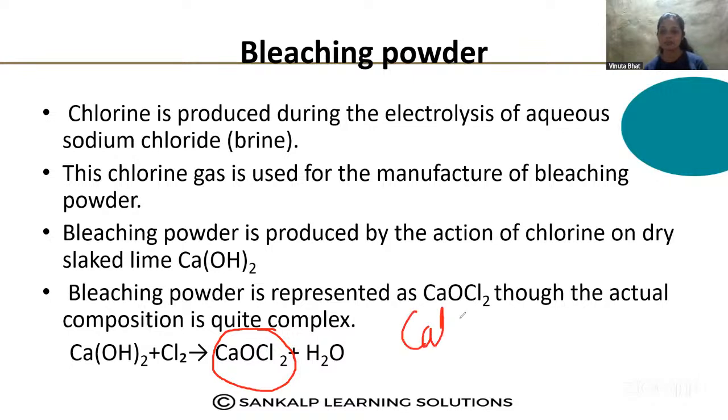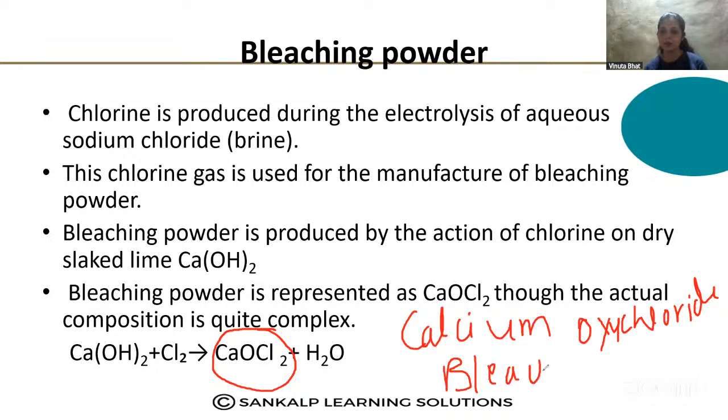The common name of calcium oxychloride is bleaching powder. This is important, they ask it in MCQs. The common name of calcium oxychloride is bleaching powder, or bleaching powder is also called calcium oxychloride. And this reaction is very important.